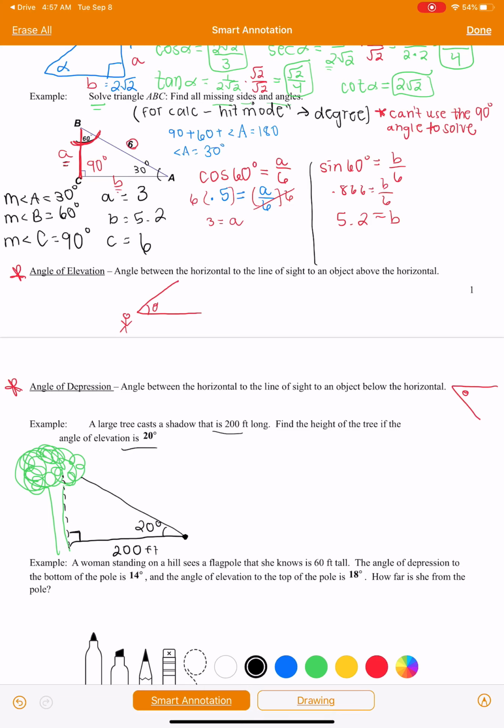All right, well, I have an angle. I have the adjacent side to the angle. I know that's 200 feet. Okay, so the adjacent side I have, and I'm looking for this opposite side, so the height. So if I have the adjacent side and I'm looking for the opposite side, that would be TOA. Tangent of the angle is opposite over adjacent.